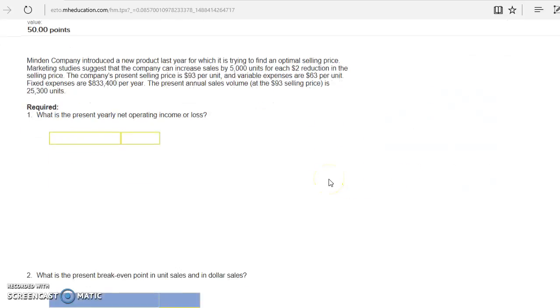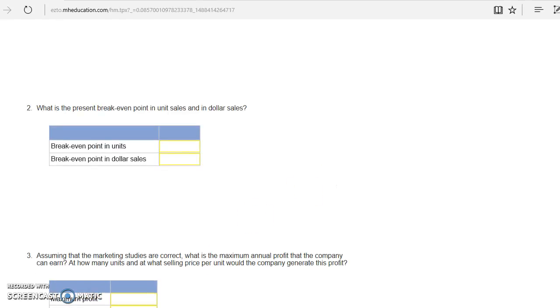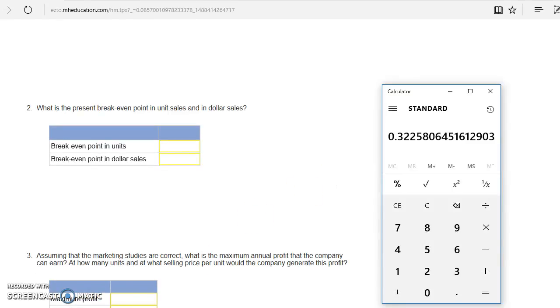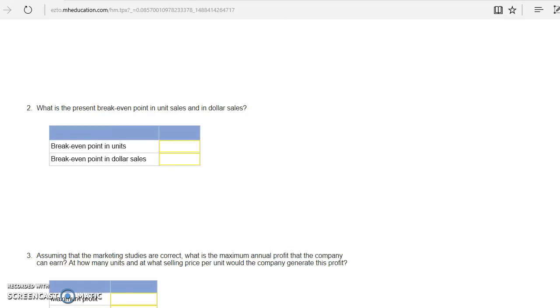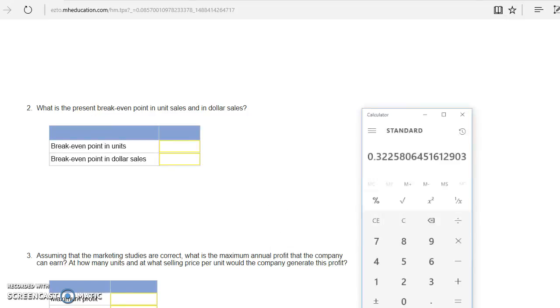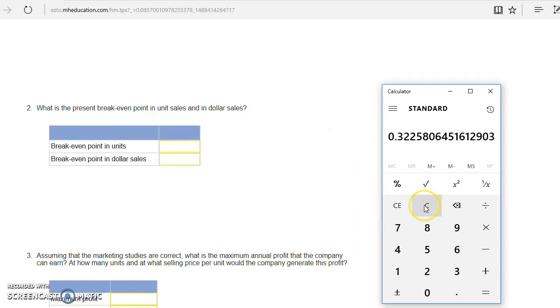When I go back down to find my break even, my contribution margin first has to go towards my fixed costs, and once those fixed costs are paid for, then my contribution margin can go to my income. Once those fixed costs are paid for, I have broken even. Once I break even, it can go towards my net income.